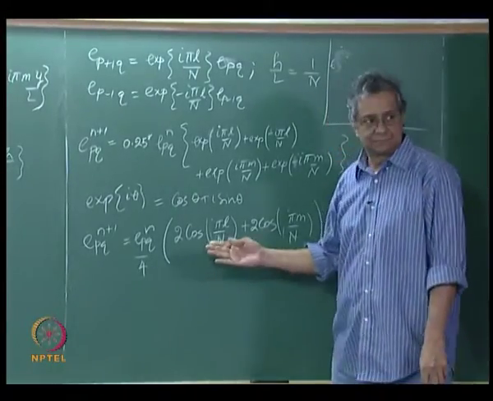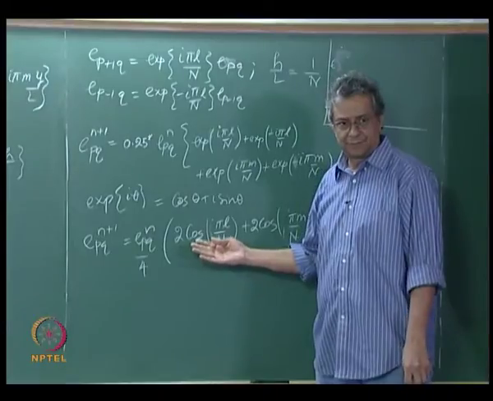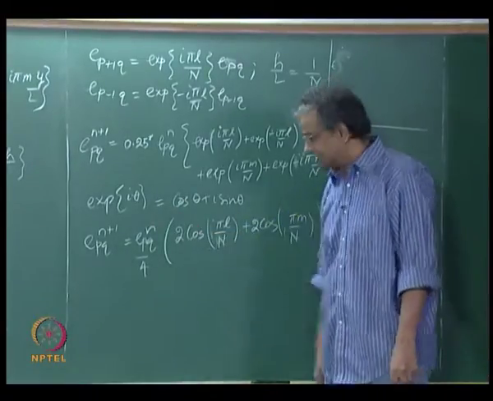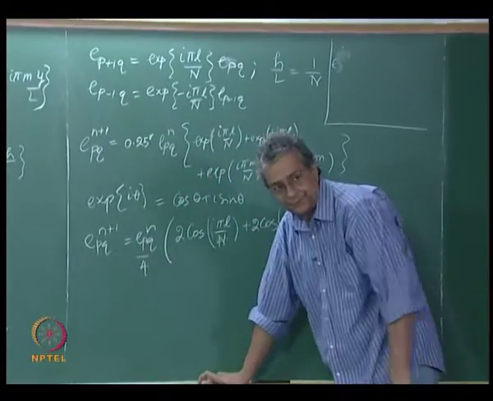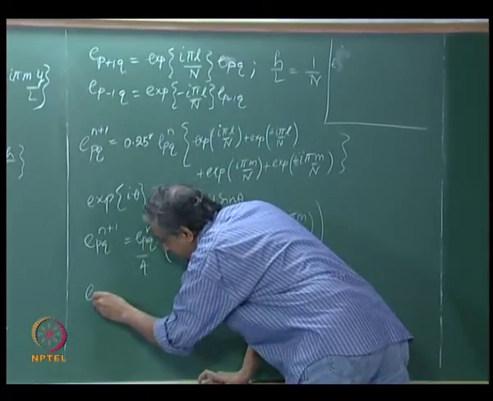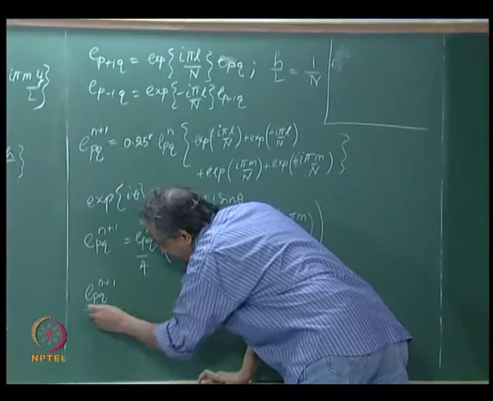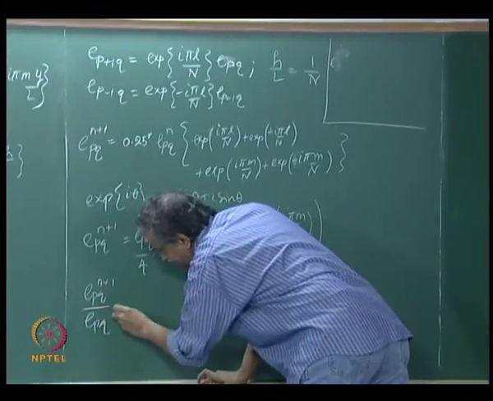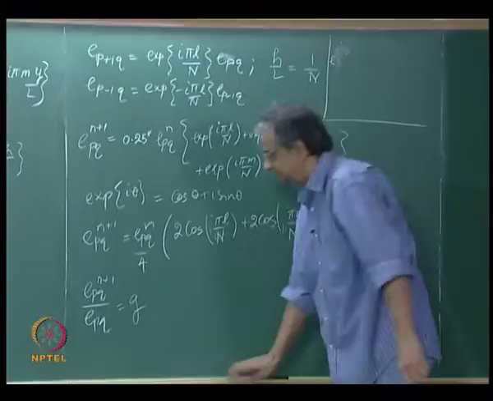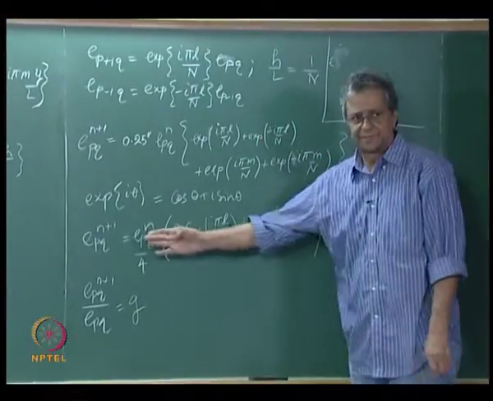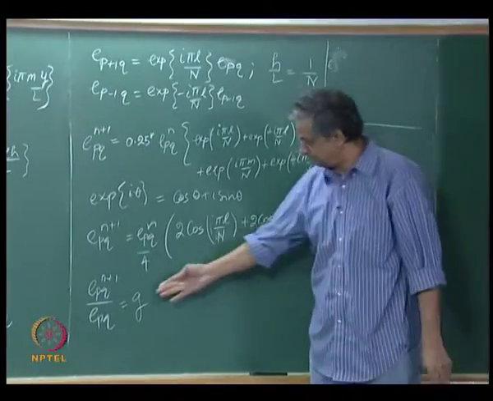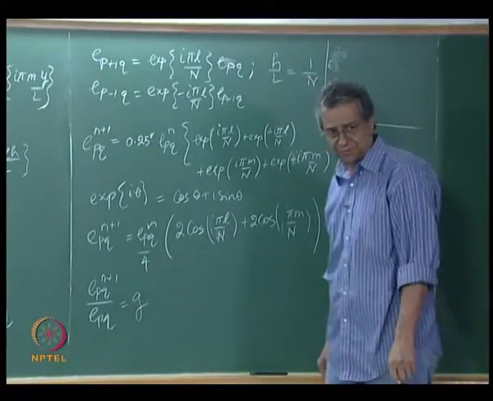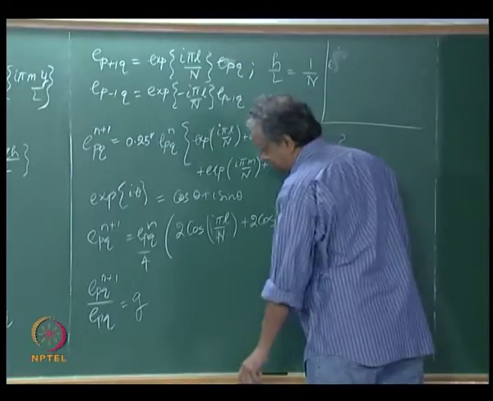So the gain going from one iteration to another iteration is basically the ratio of these amplitudes, okay. So it is E_{pq} at n plus 1 divided by E_{pq} at n, which is G. This happens to be real, so we do not have to worry about it. Normally if G were complex, then we would have to do G bar or something of that sort. This happens to be real.